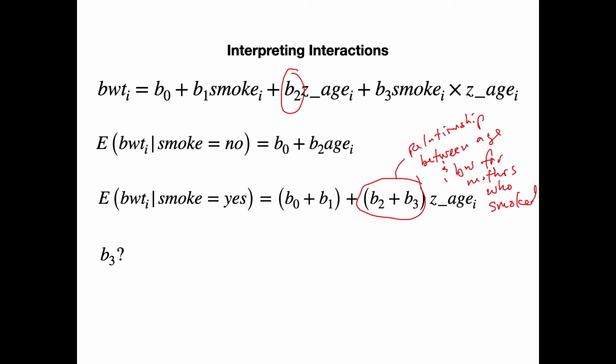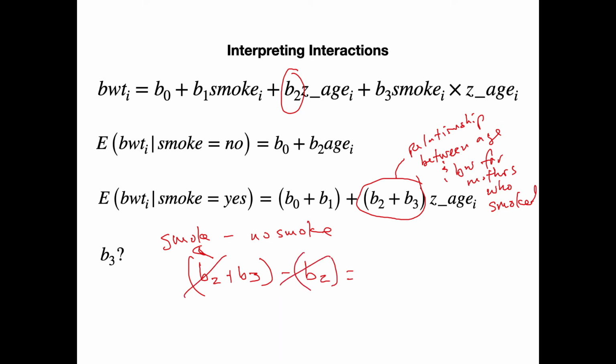If we wanted the difference between the slope for the mothers who smoked and the slope for mothers who didn't, smoke minus no smoke, and we're talking about the slopes, it's B2 plus B3 minus B2.